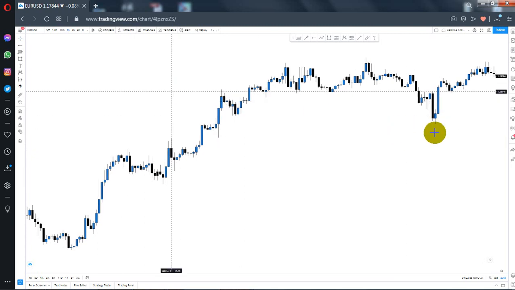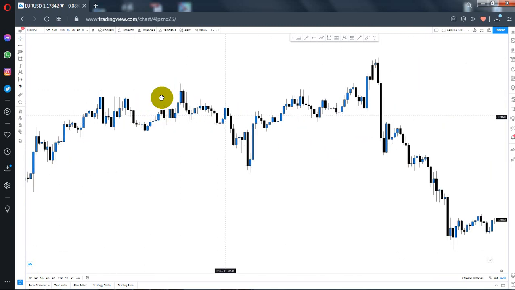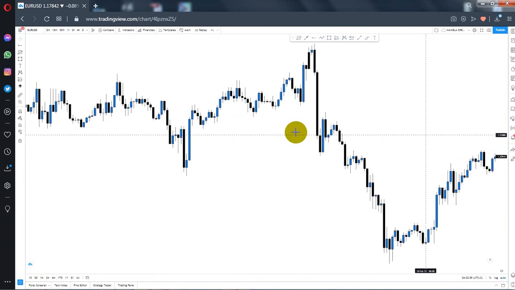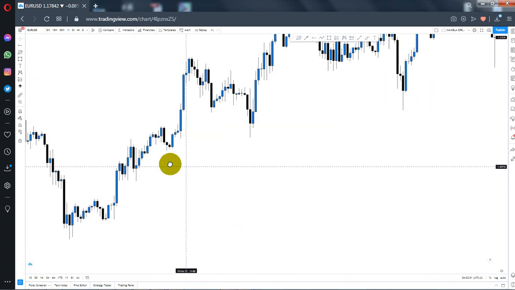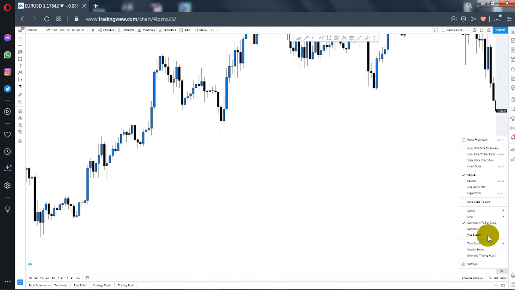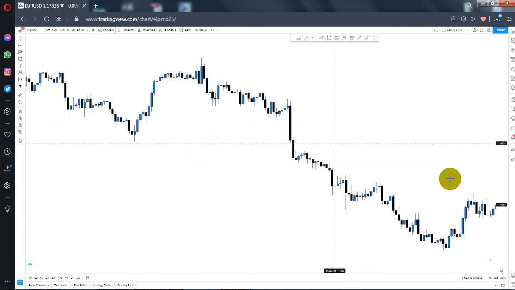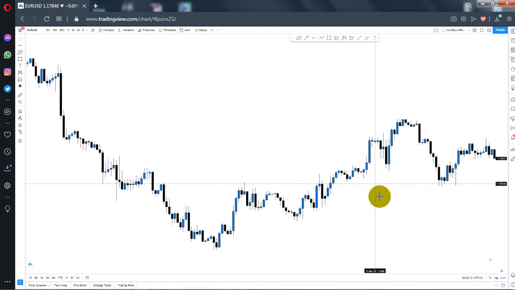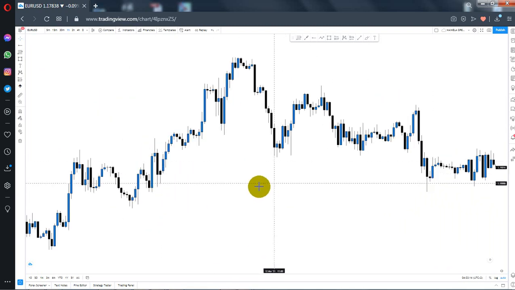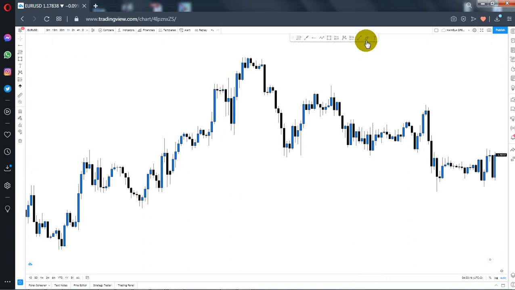Let me auto feed this so that I can see the candlesticks. Okay, I see an example here.